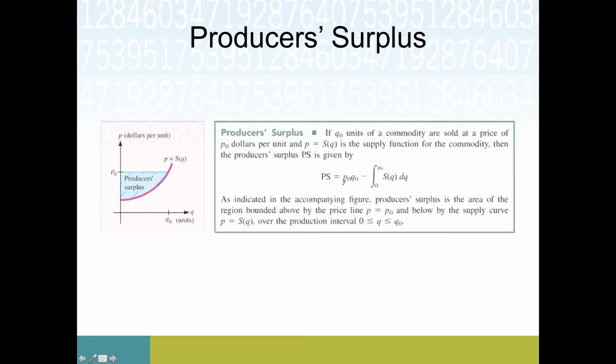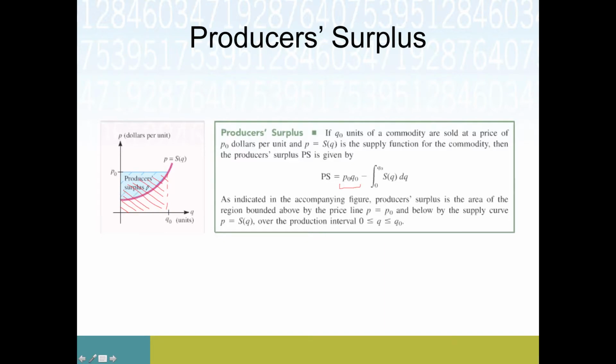And it has a formula that's very similar to consumer surplus. Basically this rectangle is the sales that are actually taking place, this whole area down below P naught. So that rectangle has area P naught times Q naught. But these prices below the supply curve aren't actually valid prices from the producer's perspective. They're too low, so they don't want to sell down here.